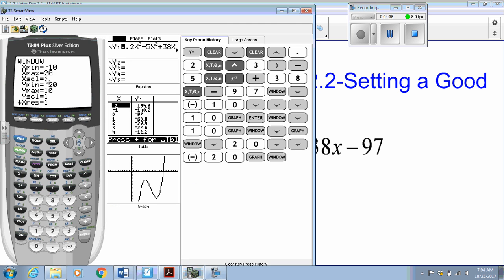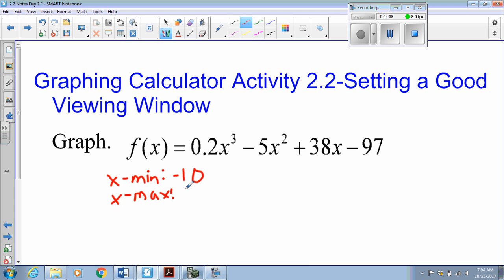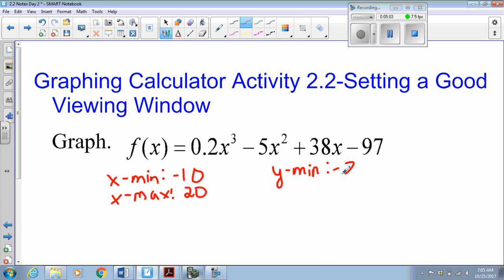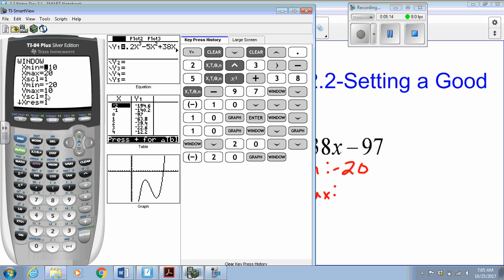What we chose for our x-max was 20, so we're going to write 20 there. Make sure you label your min and max. Just writing negative 10 and 20 is not going to do anything. We have to show what our viewing window was. Now we have our y-min, which just means our minimum. We set it at negative 20. And then our y-max, and if we look here, we have 10.